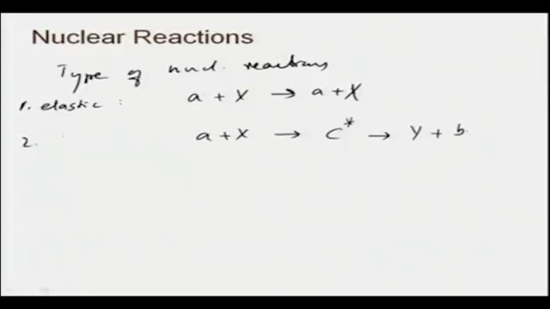Such possibilities are generally called a compound nucleus reaction.